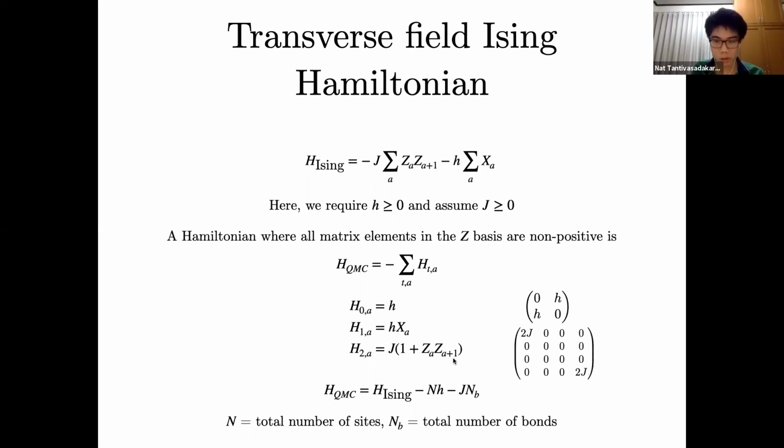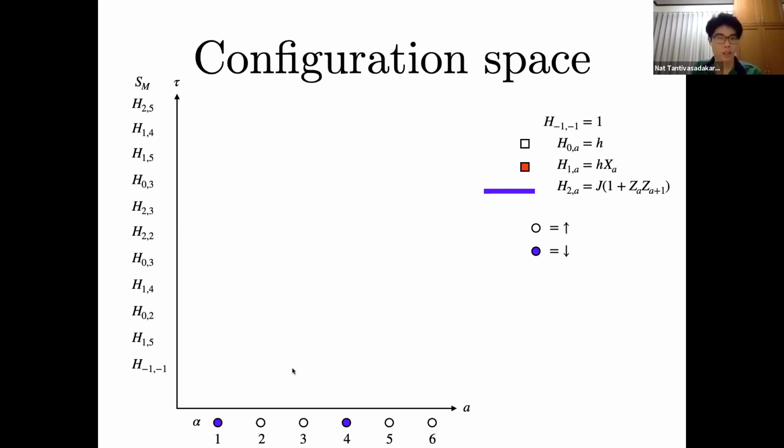To give an example, let me show you what the configuration space looks like. I've drawn it as a space-time diagram. Alpha here are my spin configurations, and I'm going to color white as spin up and blue as spin down. Let's say I have 6 sites. This axis is the time axis, and I'm going to time evolve it big M steps. In between, I'm going to insert various Hamiltonians.